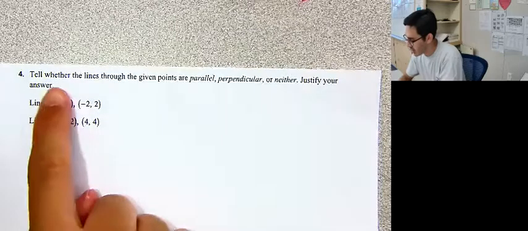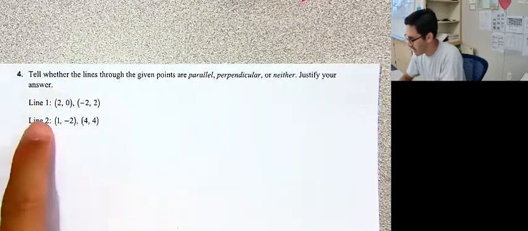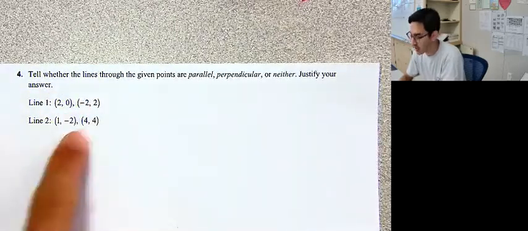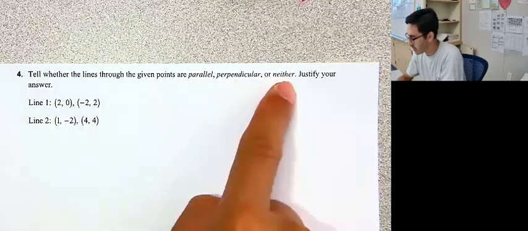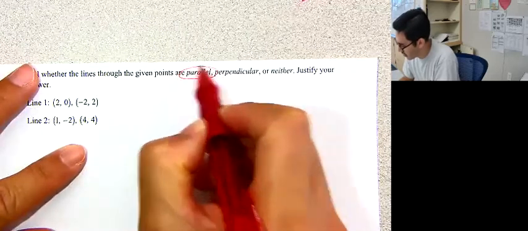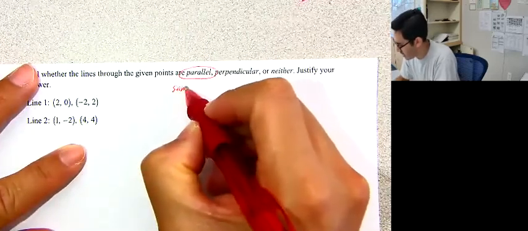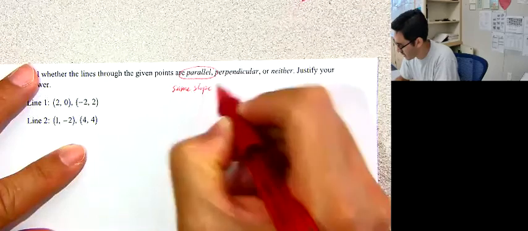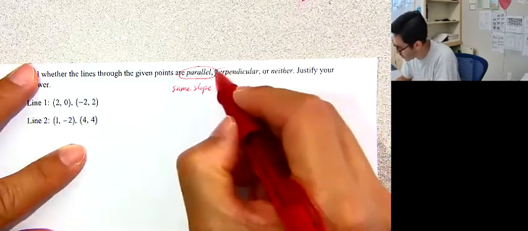Next question is to determine whether the lines given by these points are parallel, perpendicular, or neither. We had mentioned that parallel means that they have the same slope, so the slopes are equal.